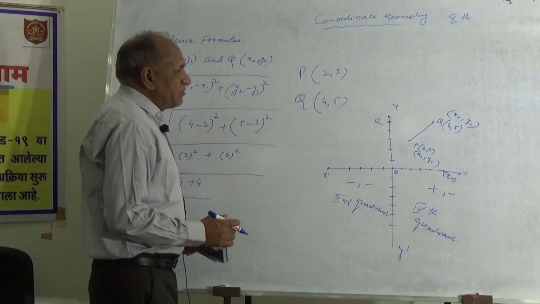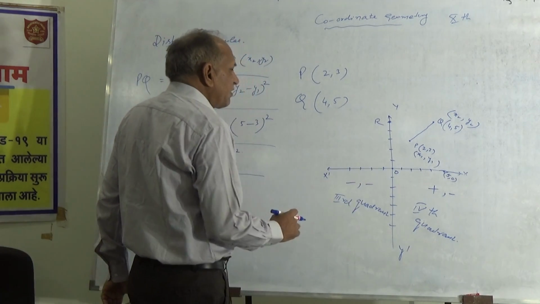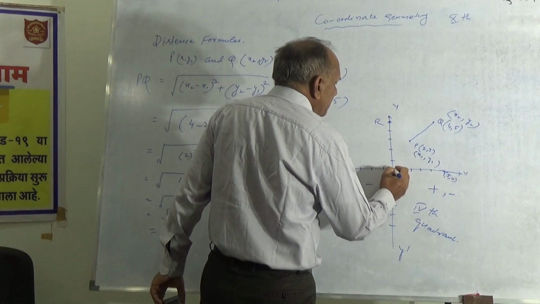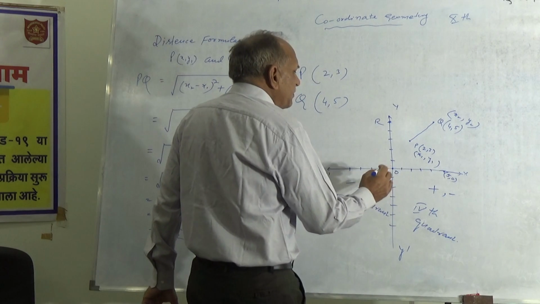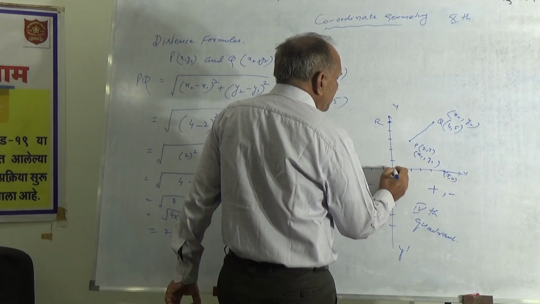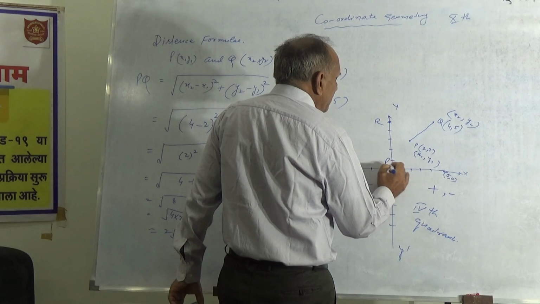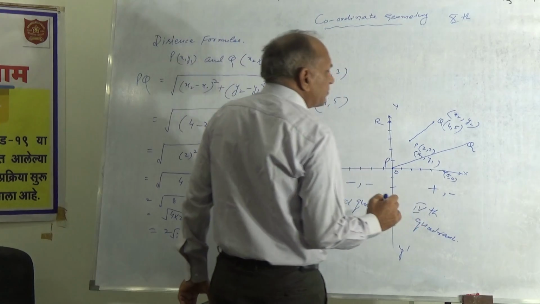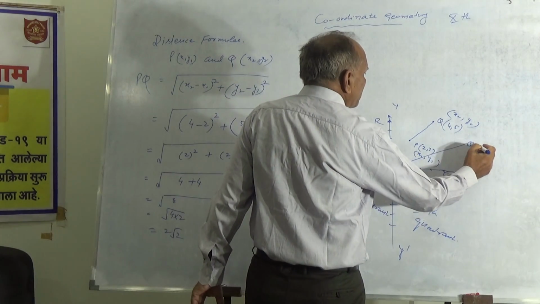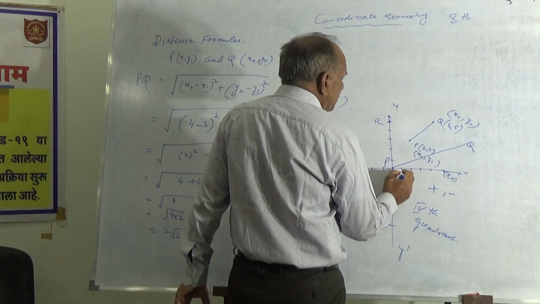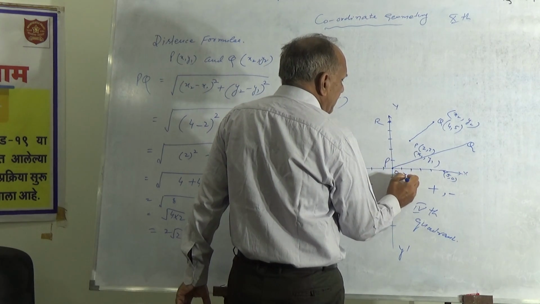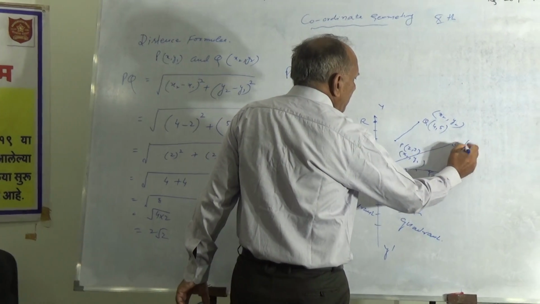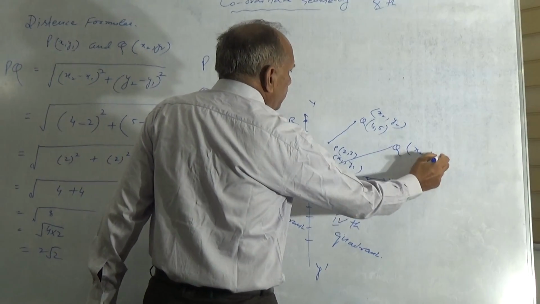Note, if the point P lies at the origin, here we may say here is a point P and here is a point Q. Then x1 is 0, y1 is 0, and here are the values of x2 and y2.